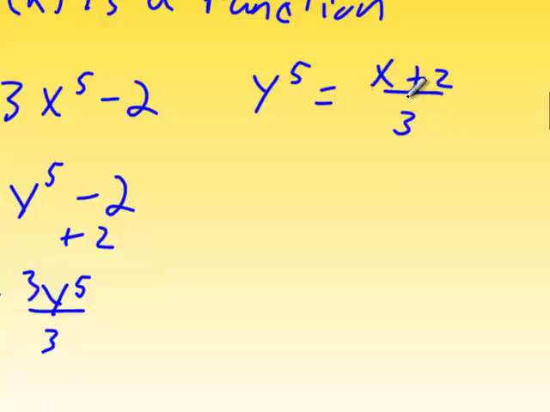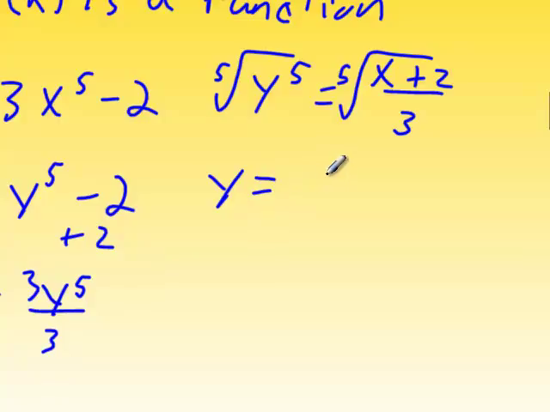And I can't simplify that, and now all I have to do is take the 5th root of both sides. And since this is an odd index, I don't have to worry about plus or minus. So y equals the 5th root of x plus 2 divided by 3.